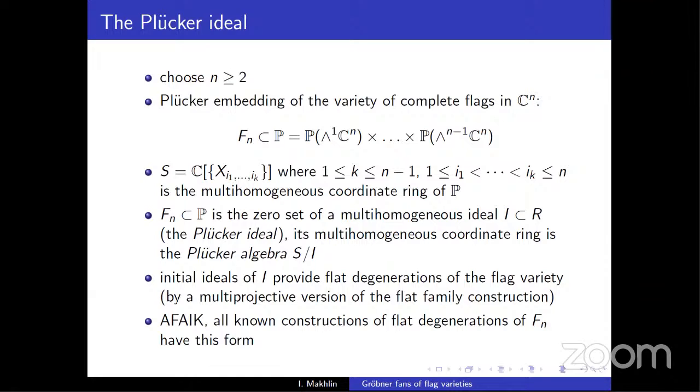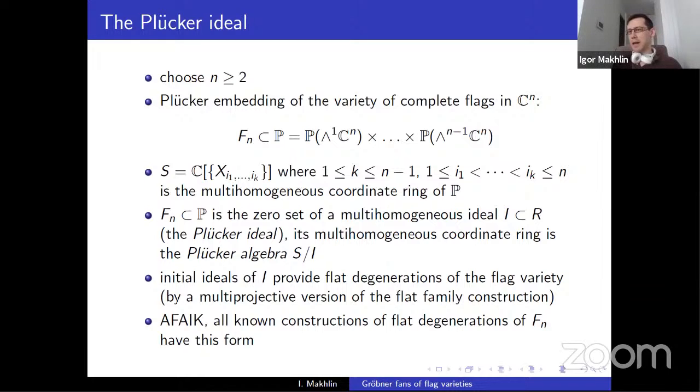Yet another question: does the Gröbner degeneration depend on the projective embedding or multi-projective embedding? In general, of course, yes. If you have two different projective embeddings of the same projective variety, you will have two different ideals, two different Gröbner fans, two different sets of degenerations.